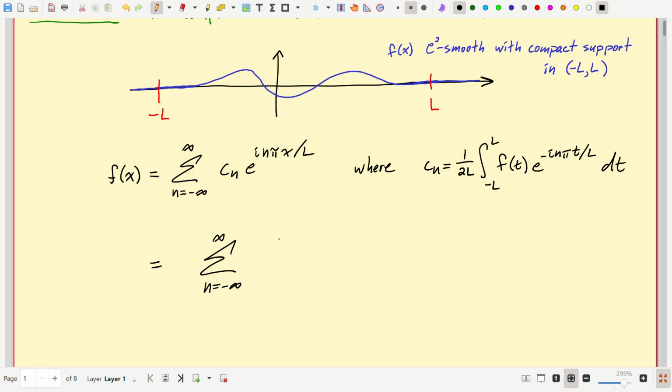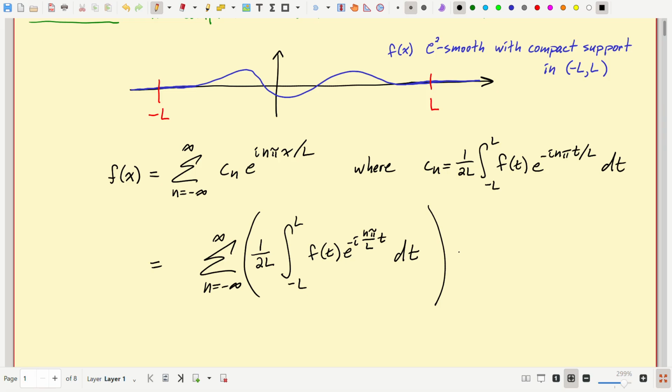So the c_n's are going to be 1 over 2L, integral from minus L to L of f of t e to the minus i n pi over L times t dt, and then I'll have here e to the i n pi over L x.